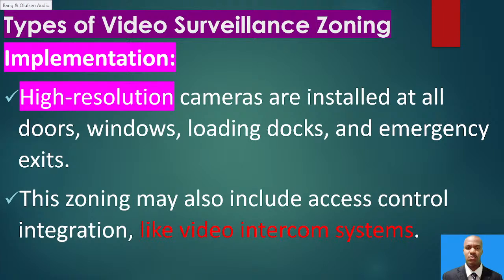So here, as I was saying, the access control integration would be the one that will provide you with an avenue of interrogating further to know whoever is at the gate, and that occurs mainly if you are suspicious of that person. You may communicate directly, and this is mostly supported by the video intercom systems.